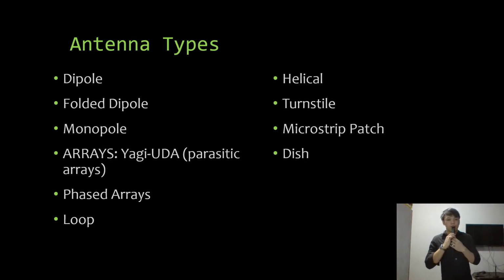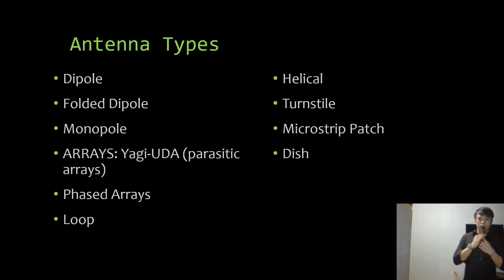Here we have the many types of antennas. The first one is called dipole. The second one is the folded dipole, the third one is the monopole, and the fourth one is the Yagi, the parasitic array, which we're going to demonstrate later.